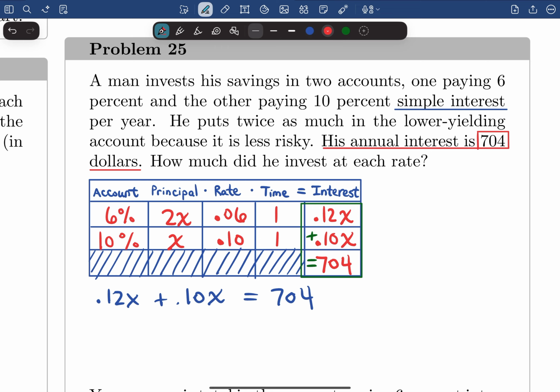Let's combine like terms. 0.12x plus 0.10x, that's 0.22x. And now we will divide by 0.22 from left to right, and we have solved for x.